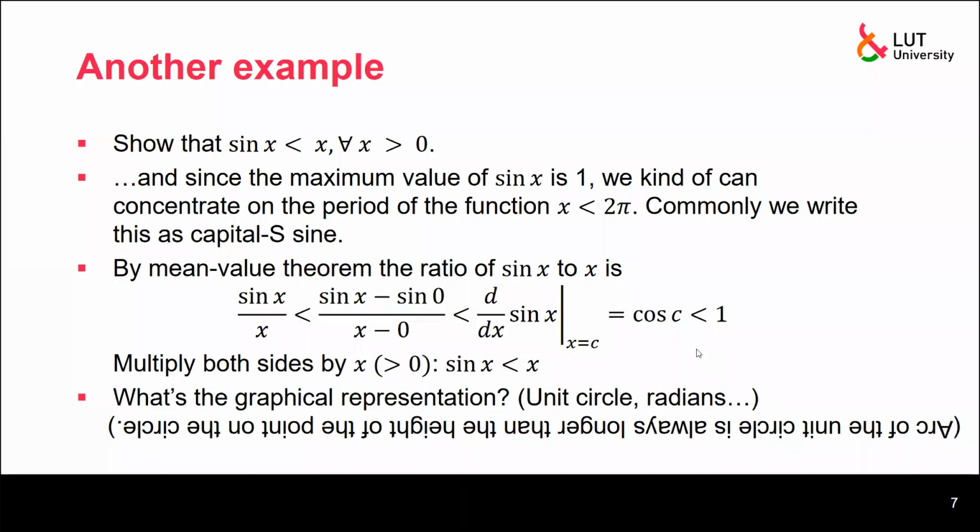But it worked only for radians, since the numerical value of the angle in degrees is of course larger, at least pretty soon. And it actually reads over here as well: the arc of the unit circle is always larger than the height of the point on the circle. I didn't want to make it too obvious.